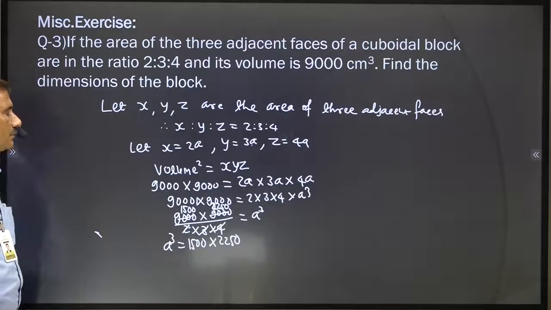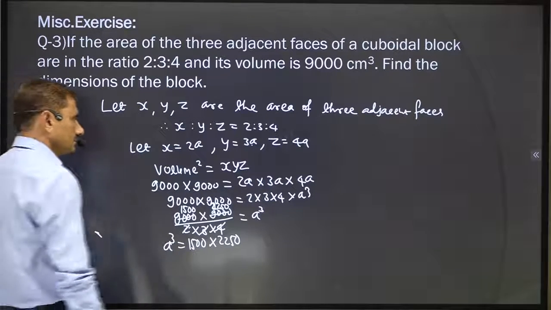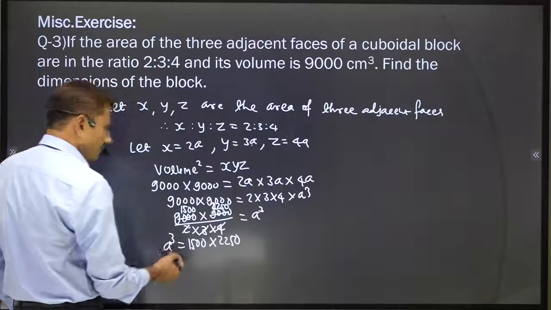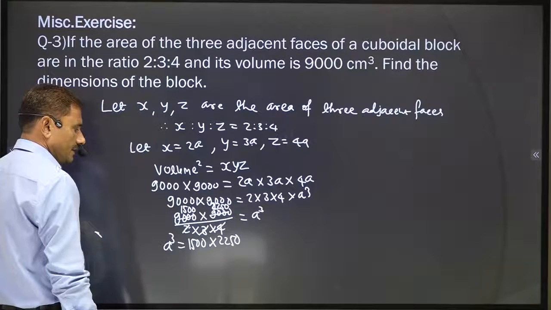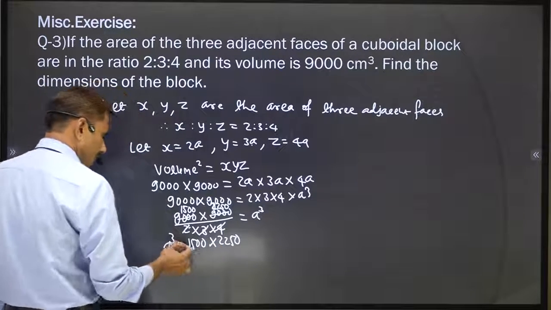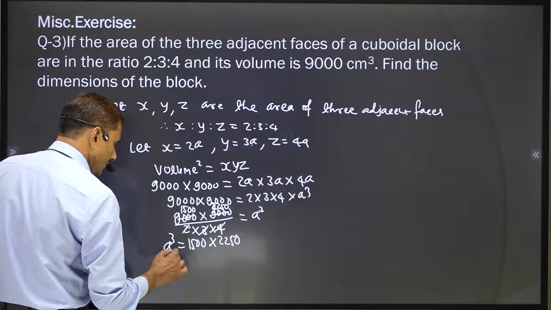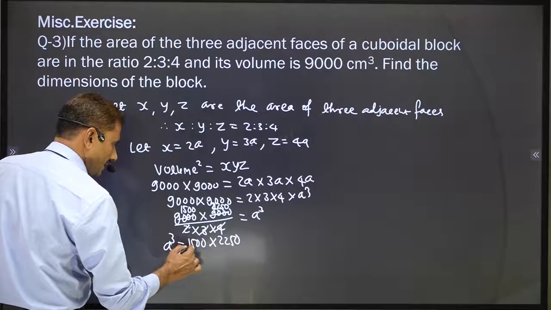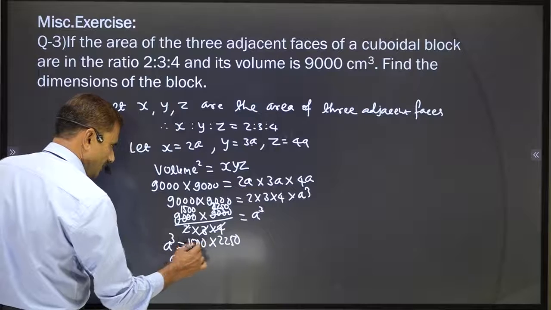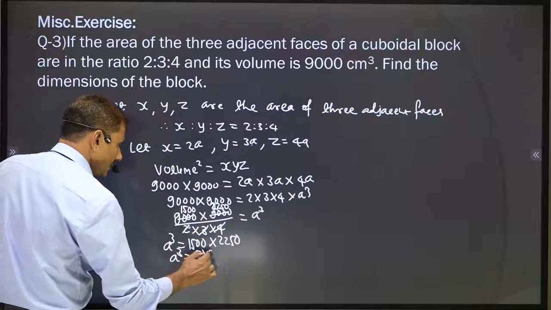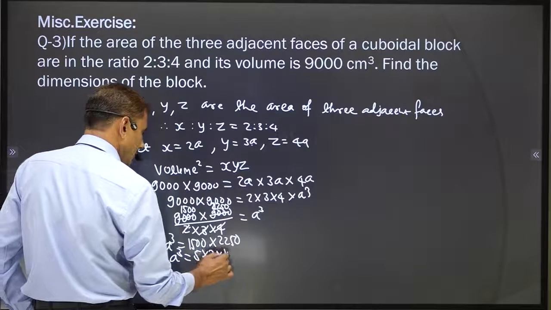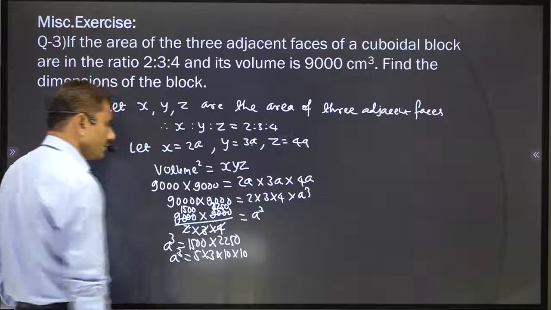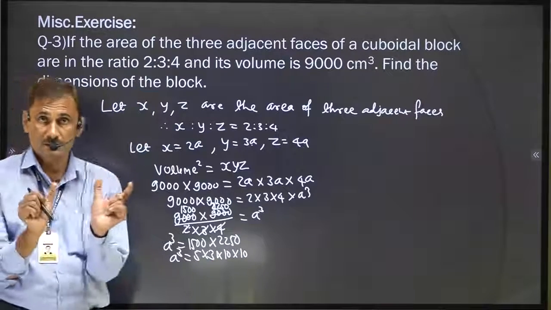Okay, now we want the cube root of it. For getting the cube root, just try to factorize them. So a cube equal to, I keep here 5 into 3, 5 into 3 into 10 into 10, because we want to make groups of 3 numbers.